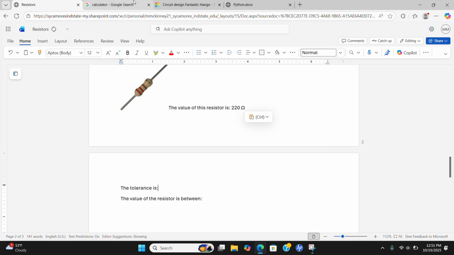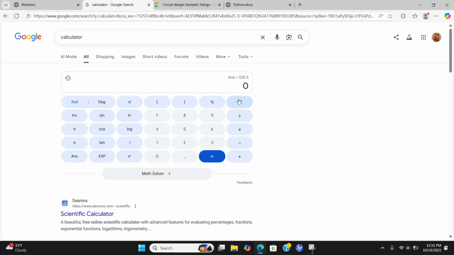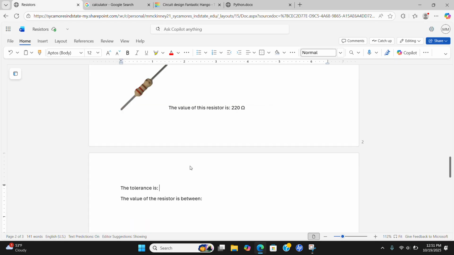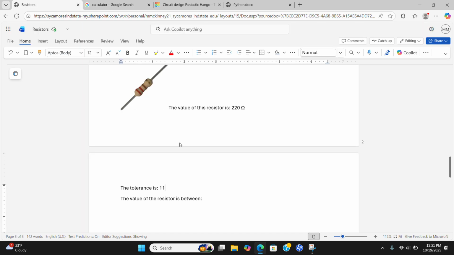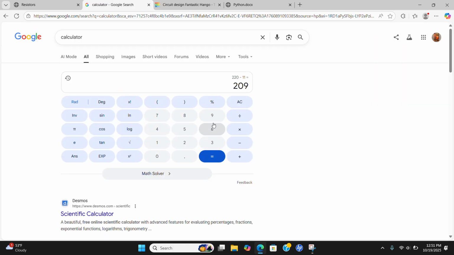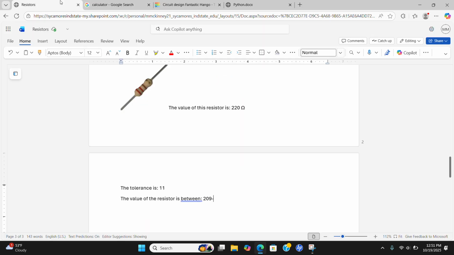The tolerance is, so we're going to find 5% of 220. 5% of 220 is 11. So 220 minus 11 is 209 ohms. 220 plus 11 is 231 ohms.